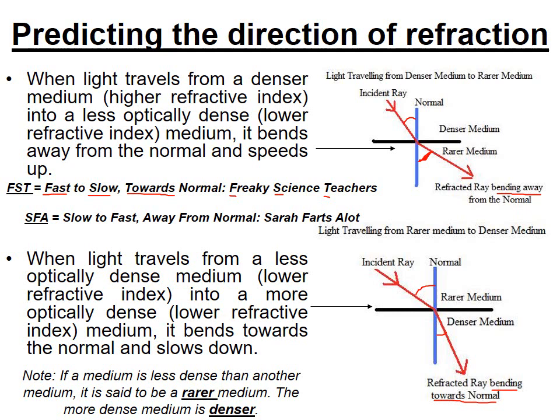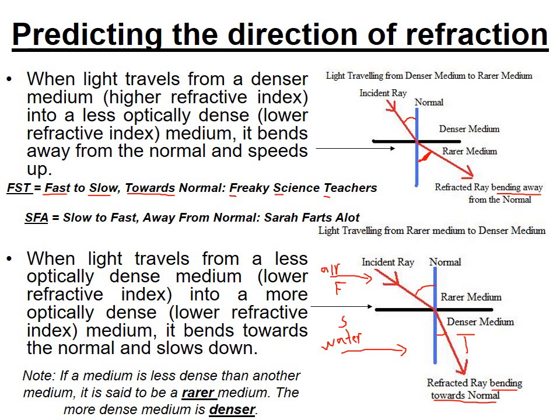So over here, we have a fast medium. Let's say it was air. And over here, we have a slower medium. Let's say it was water. Because we're going from fast, freaky, to slow, science, the refracted ray bends towards the normal. Teacher.